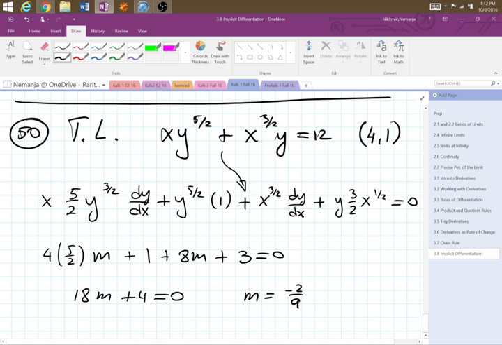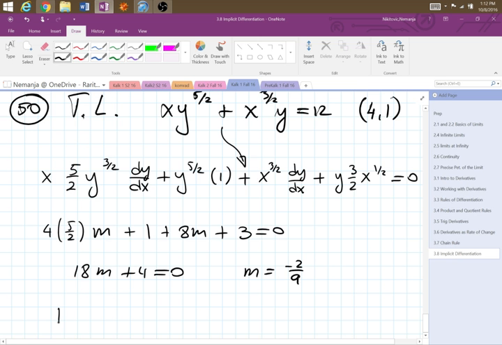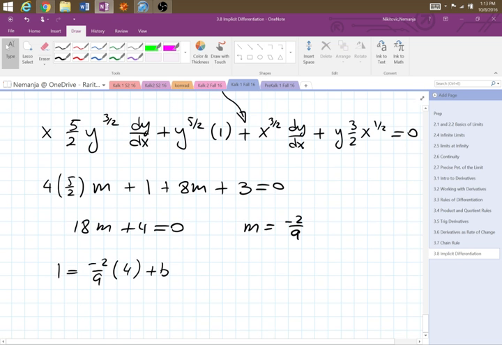Yes? And the rest should not be an issue. 1 is equal to negative 2 over 9 times 4 plus b, which is 1 is equal to negative 8 over 9 plus b, from where b is equal to 17 over 9.